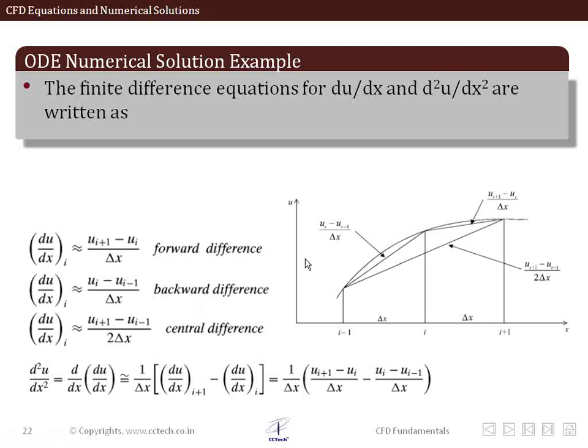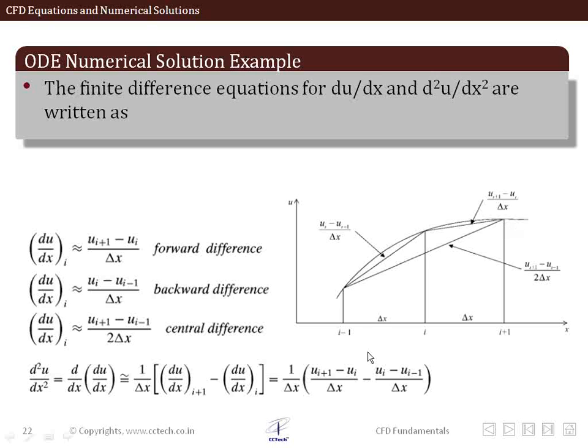So we may have, let's say, this curve of the quantity u with respect to the x direction, and let's imagine this is the curve. In that case, we know what a forward difference and backward difference means, and we also have something called central differencing. So this is how we try to find out the slope. Actually, the first derivative represents the slope at any point.